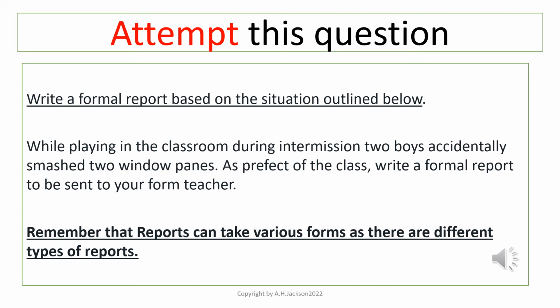Why did they smash two window panes? And then, what were the consequences? Were they brought to the dean's office? Did the teachers reprimand them? Were their parents called in? You would have to conjure up all of that. Based on what we have stated earlier, you should be able to tackle this one.